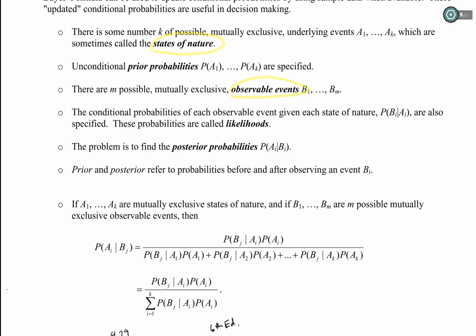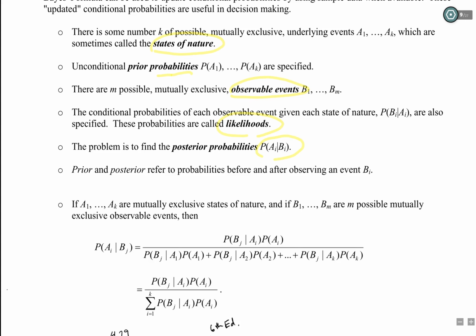Okay, so we want to know the probability of some state of nature given some observable event. And Bayes' theorem is really nice for that. It allows us to ultimately compute these posterior probabilities given prior probabilities and likelihoods.